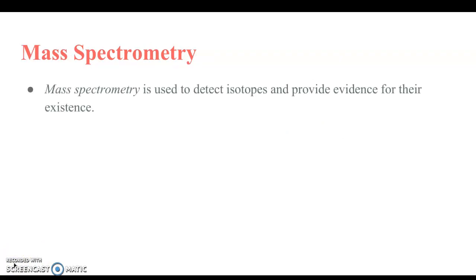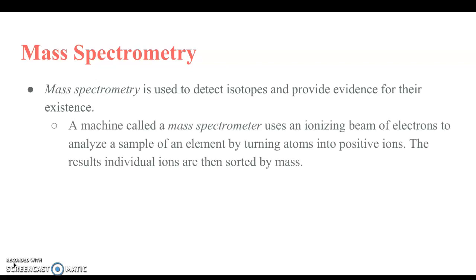All right, on to the new topic, mass spectrometry. Mass spectrometry is used to detect isotopes and provide evidence for their existence. The machine used is called a mass spectrometer. It uses an ionizing beam of electrons in order to analyze a sample of the element. It ends up turning the atoms within the element into cations.